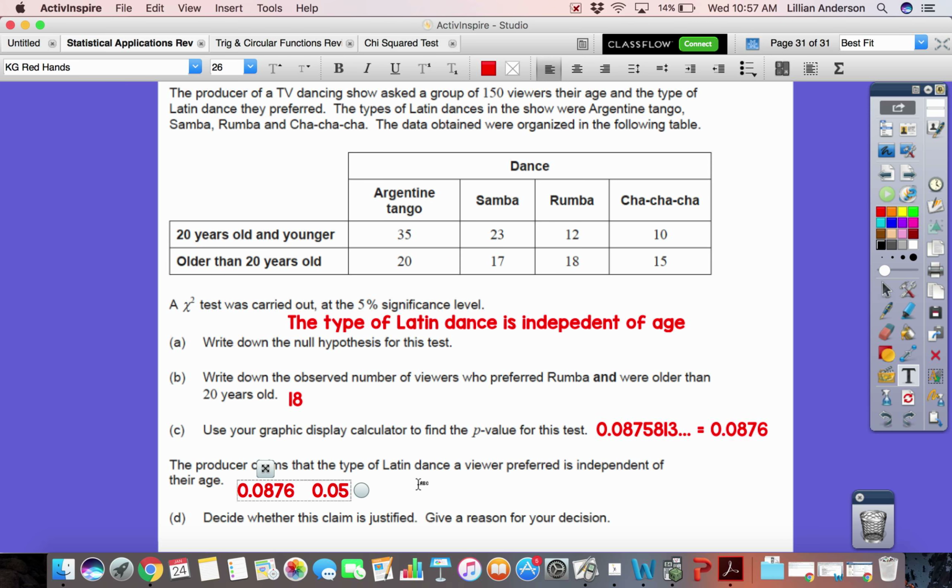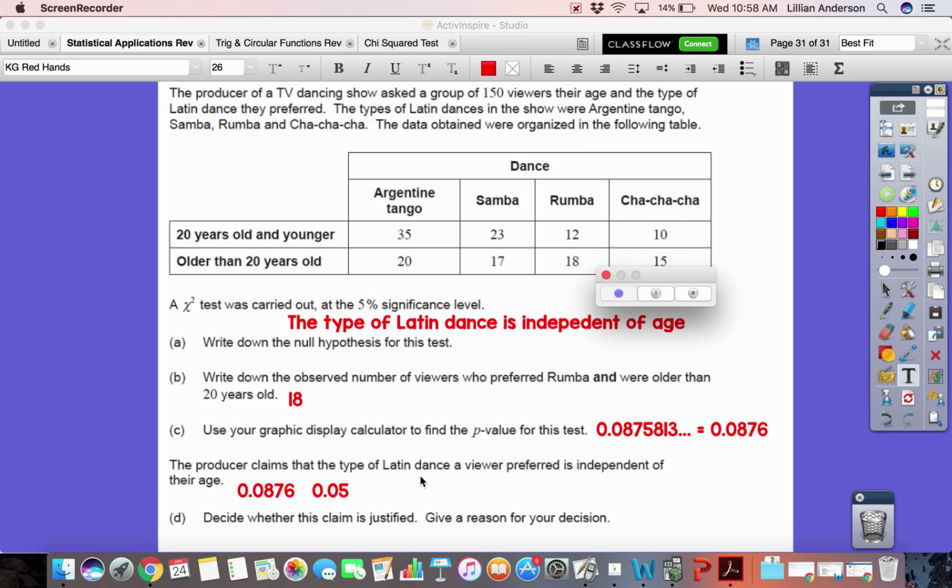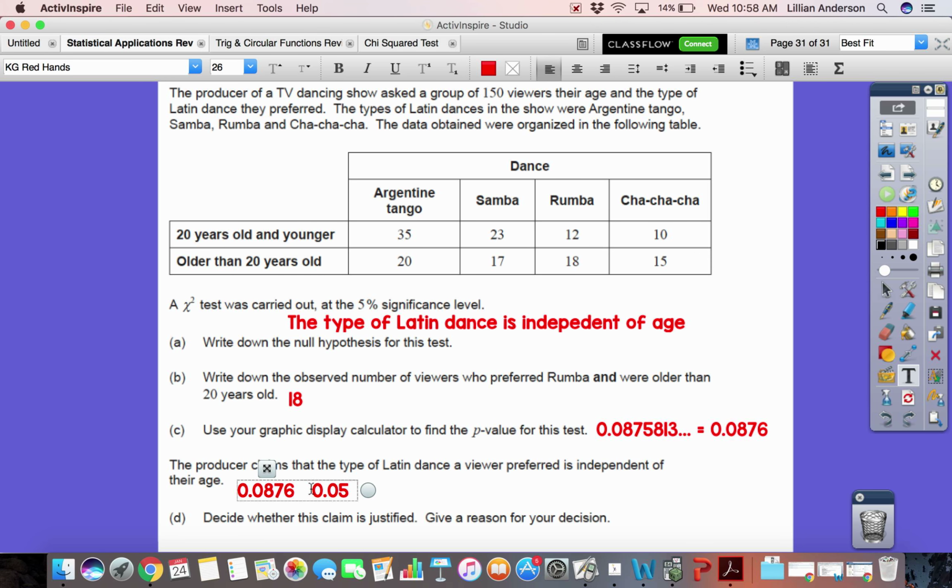Now, when we look at this, we have to decide, is 0.0876 less than or greater than 0.05? And in actuality, this value is going to be greater than 0.05. If you think of a number line, 0.05 is here, and then 0.0876 is here. So this is actually going to be greater than this value.